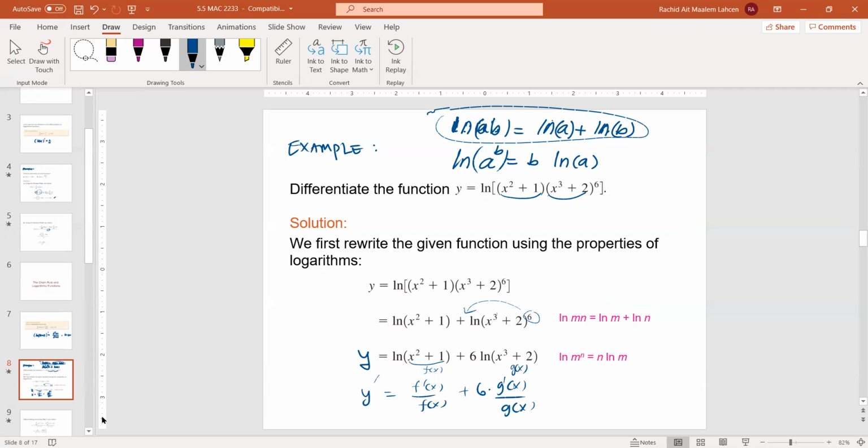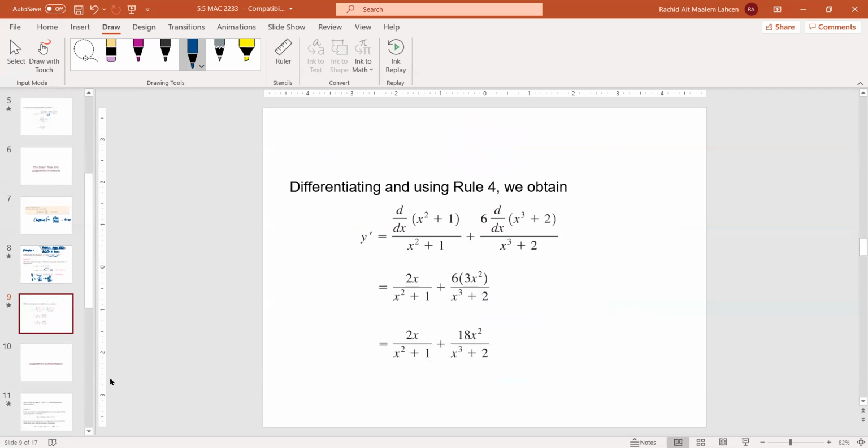And of course, the 6 here is a multiple. So that's this step here. So the derivative of x squared plus 1 is 2x. The derivative of x cubed plus 2 is 3x squared plus 0, which is 3x squared, times 6, and we get this derivative.